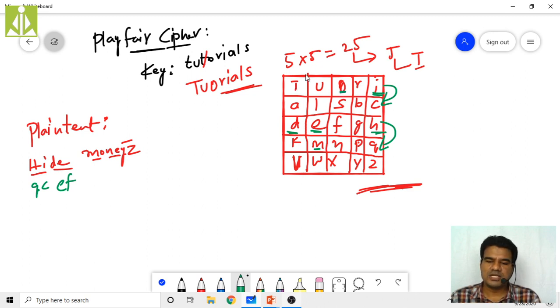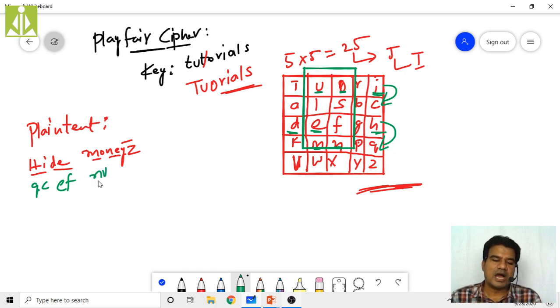What we have to do is draw a rectangle by keeping those two characters at the corners. Now select the subsequent corner letters. So for M we select N, and for O we select U.